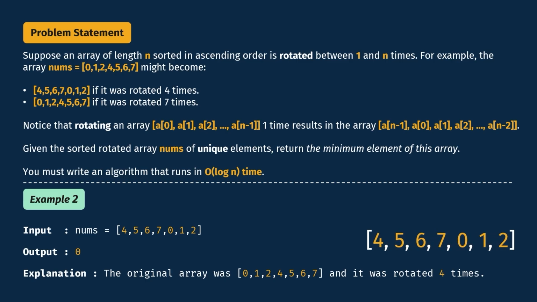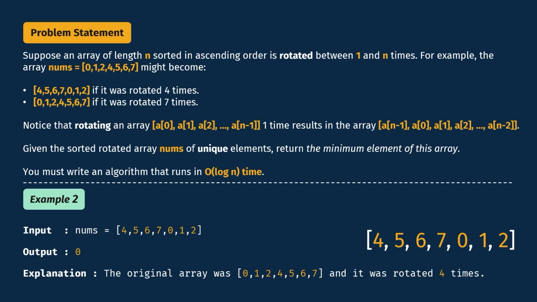After the rotation, the minimum element 0 ended up near the end of the array. Also notice how there was a clear break in the sequence. The numbers go up from 4 to 7, and then suddenly drop to 0. This drop point is where the rotation happened, and right after that drop is our minimum element.